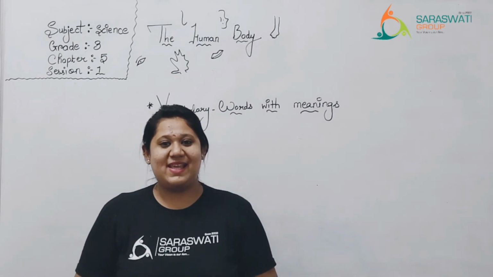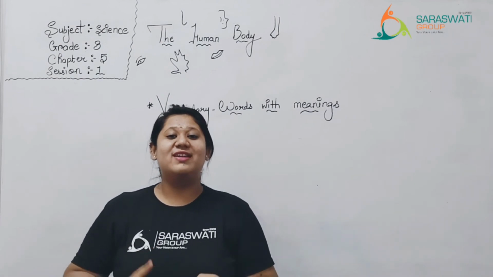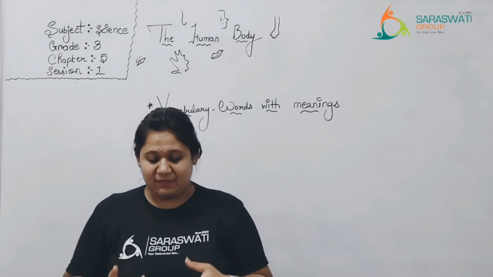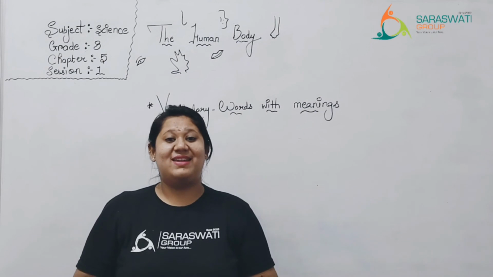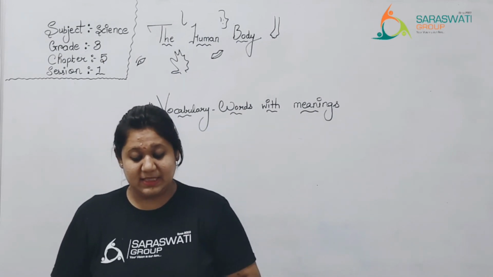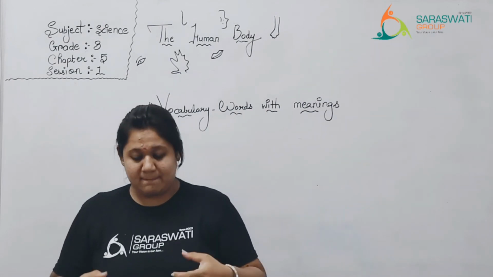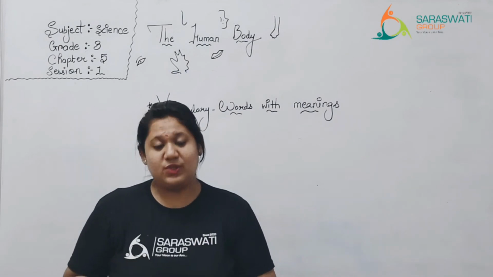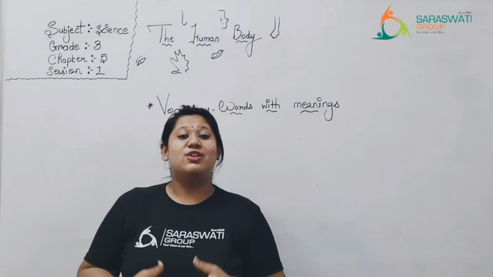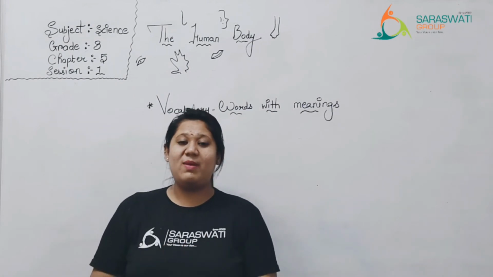Now, in the next section, I am going to explain our organ systems. Our body consists of many cells. It is the smallest entity of our body. Cells are the building blocks of our body. Many cells join together to form tissues. Our body consists of so many cells.